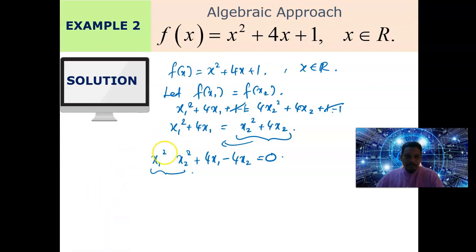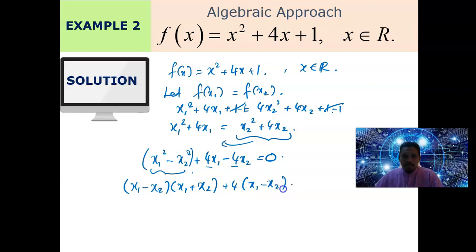From here, we come up with x1 minus x2 and x1 plus x2. Factorize this, then you get this one here, plus factorize 4 and take it outside, then we get x1 minus x2.